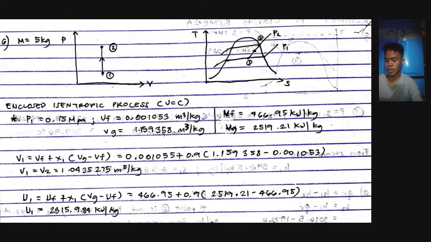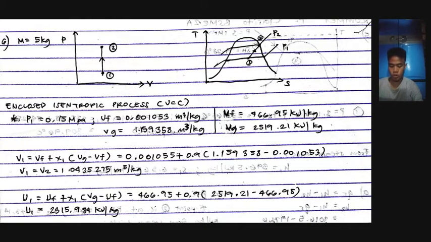V1 equals Vf plus X1 open parenthesis Vg minus Vf. So by substituting it is 0.001055 for the value of Vf plus 0.9 for our X1.